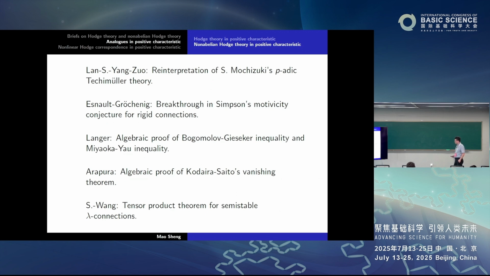And Lan also uses the same theory of semistable flows to give an algebraic proof of the Bogomolov-Gieseker inequality.